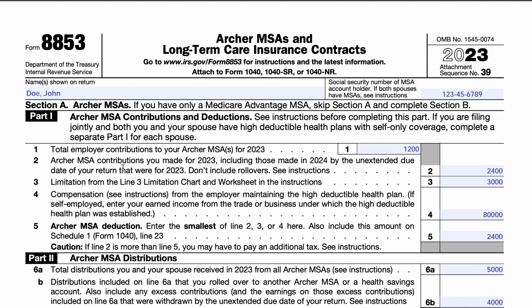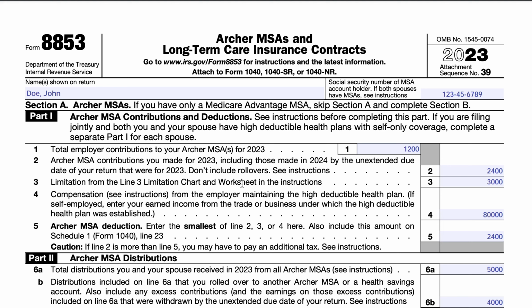And then basically those will offset any deduction that you can make for the Archer MSA contributions that you actually make. So if you have an account where you're responsible for 50%, or your employer matches, then the employer match may offset some of the deduction from your contribution.